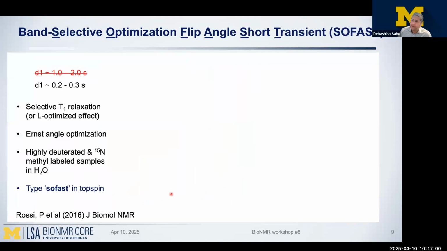Okay. The other technique that people have been using is band selective optimized flip angle short transient experiments. Again, that's a mouthful, so we call that SOFAST. In NMR, we have these fancy names, so we call this SOFAST NMR. This also uses D1 values of somewhere around 0.2 to 0.3 seconds instead of 1 to 2 seconds.